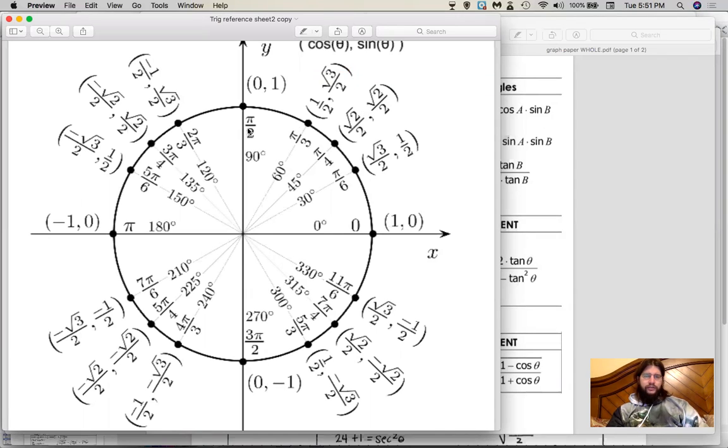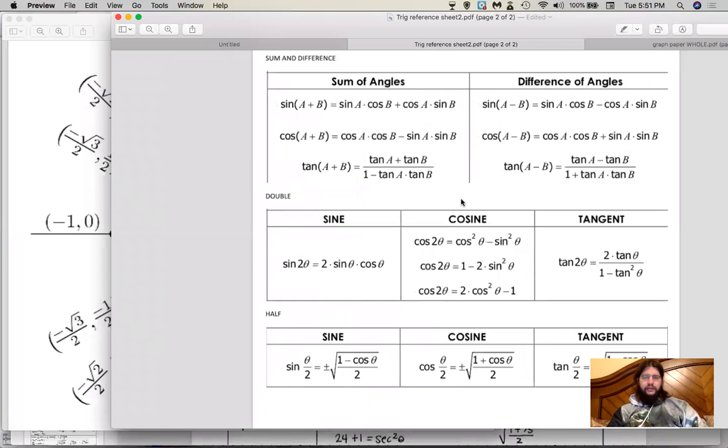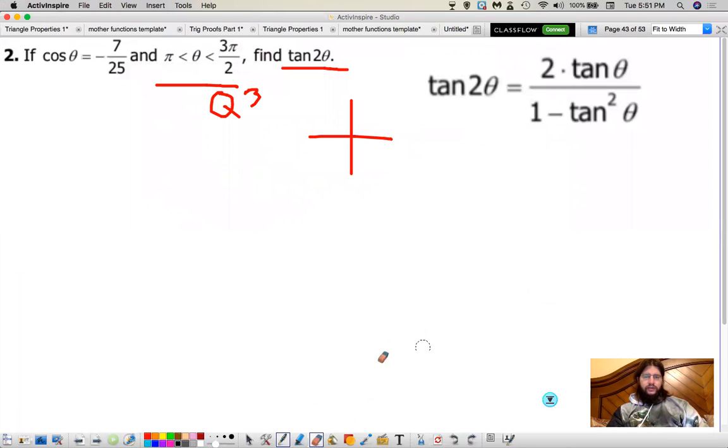That means our x is negative and our y is negative. So we're drawing this triangle in quadrant 3. We've got to go to the left, we've got to go down.